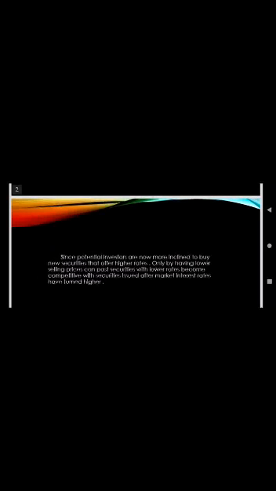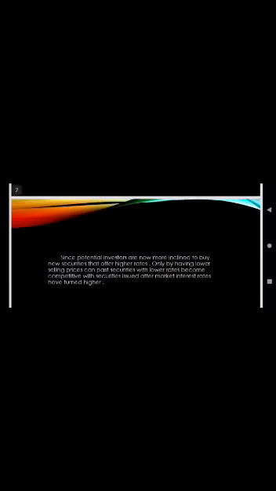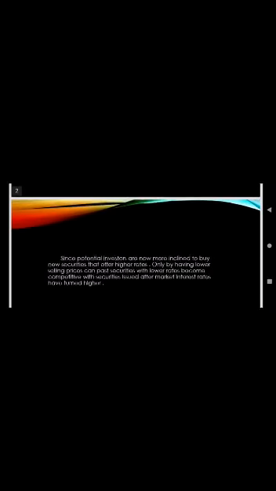Since potential investors are more inclined to buy new securities that offer higher rates, only by having a lower selling price can past securities with lower rates become competitive with securities issued after market interest rates have turned higher.